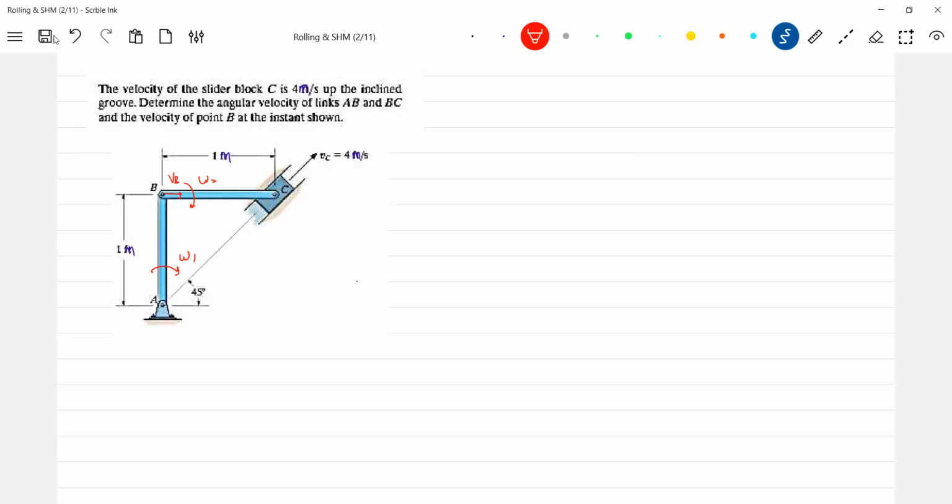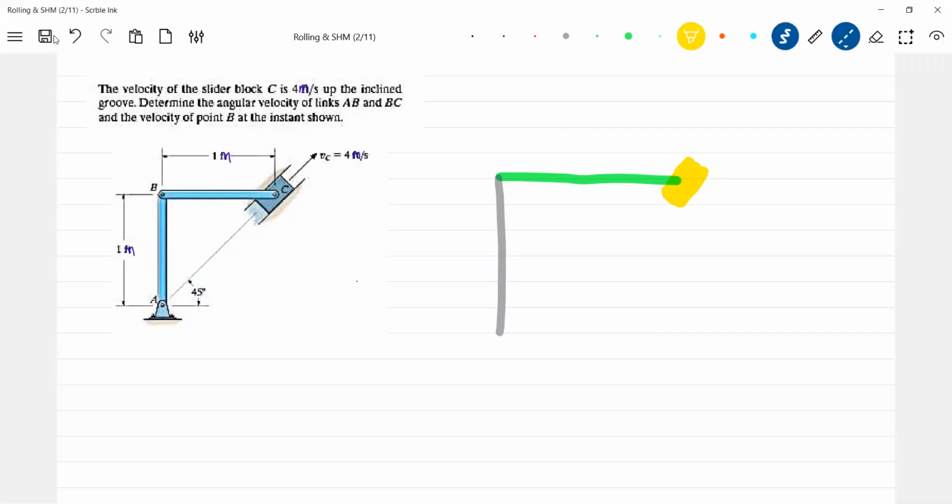I'll try to explain in the diagram itself, or we'll bring one separate diagram, since some of you are getting confused. This is what we are discussing, only a simple basic idea like this.